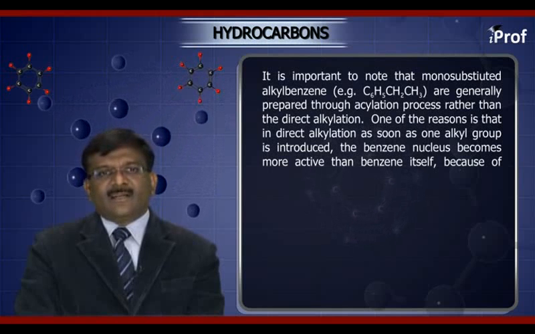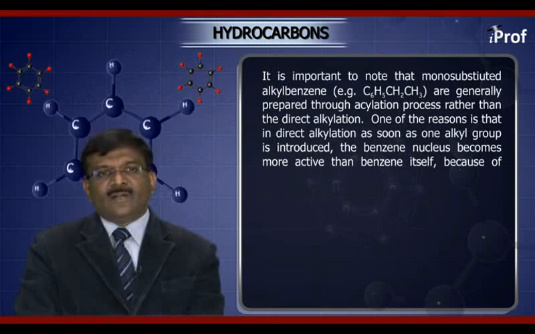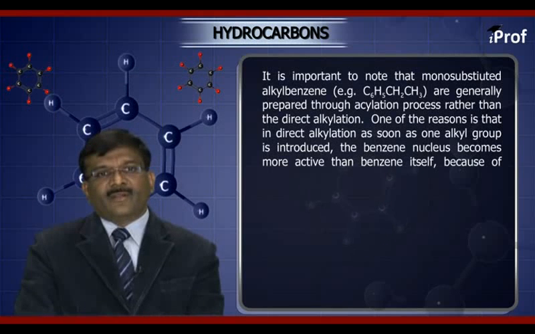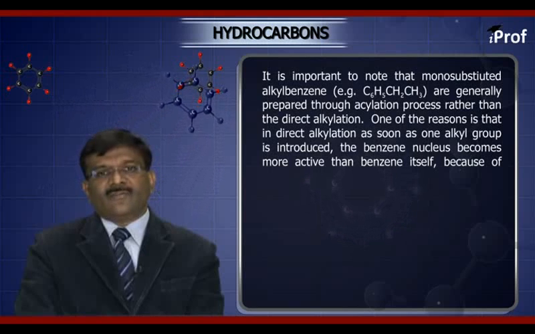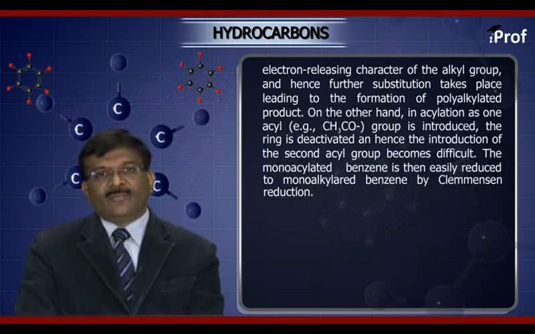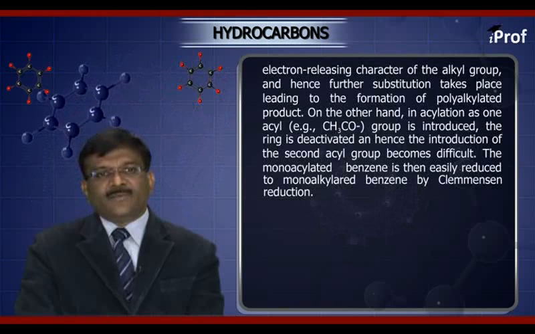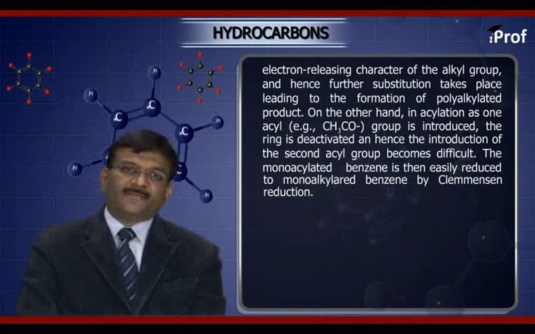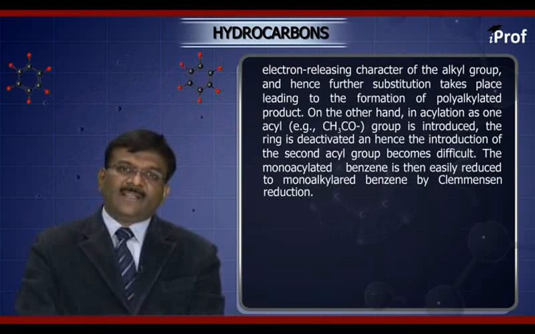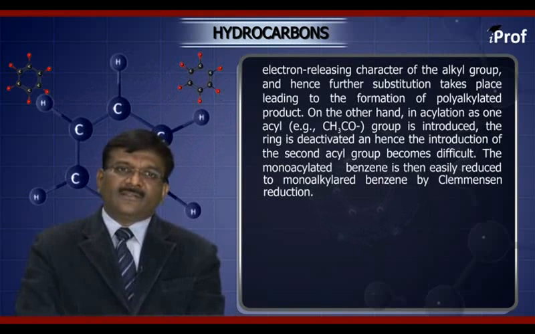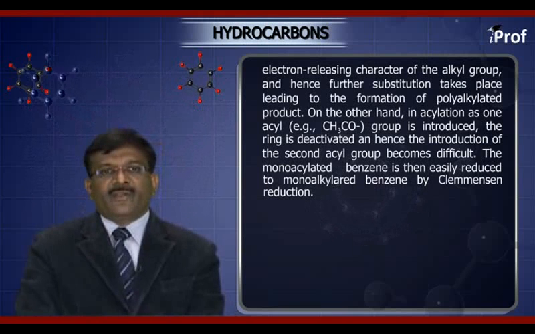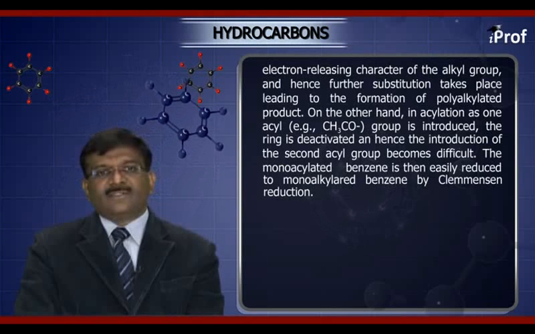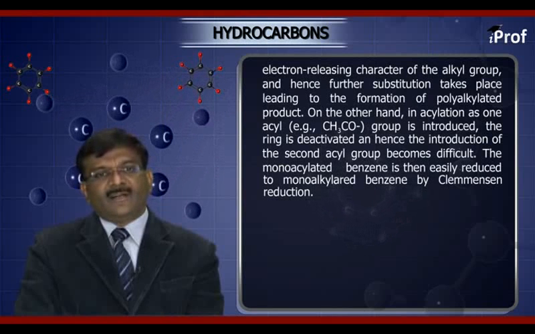One of the reasons is that in direct alkylation, as soon as one alkyl group is introduced, the benzene nucleus becomes more active than benzene itself because of the electron releasing character of the alkyl group, and hence further substitution takes place leading to the formation of polyalkylated product. On the other hand, in acylation, as one acetyl group, that is CH3CO, is introduced, the ring is deactivated and hence the introduction of the second acyl group becomes difficult.